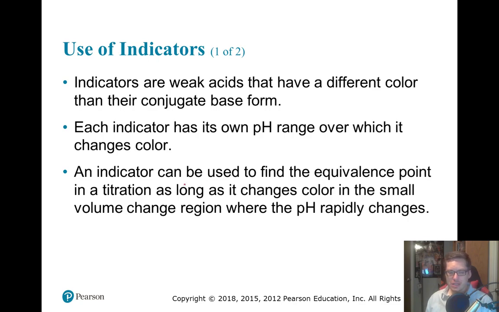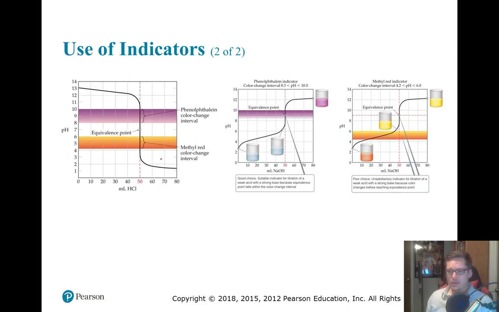So this indicator is purely dependent upon the Ka of the solution. Each indicator has its own pH range over which it changes color. Here we've got phenolphthalein, and its color changes around 9. Below 8, it's completely clear, and above 10, it's pretty purple and pinkish.